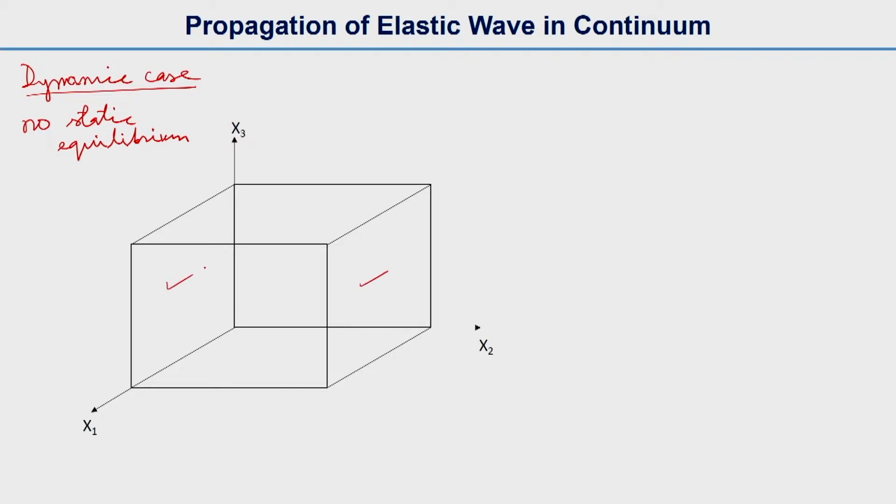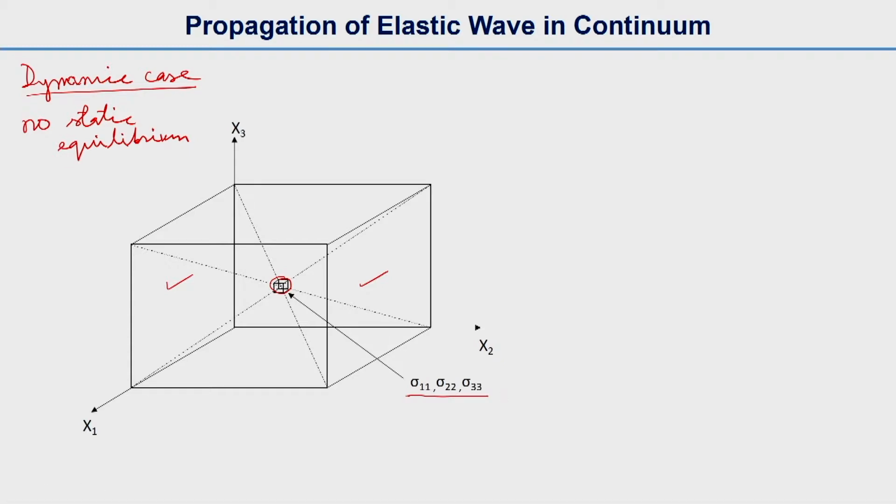So now we will see that we assume, at the center point of that unit cube, the stresses are sigma 1 1, sigma 2 2 and sigma 3 3 here.